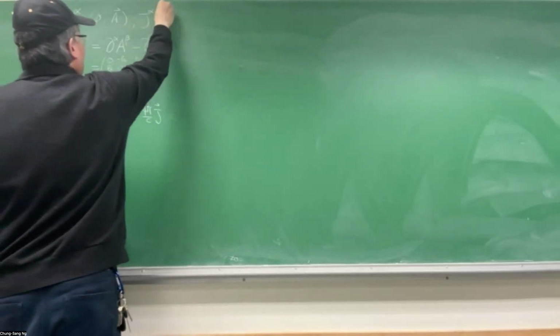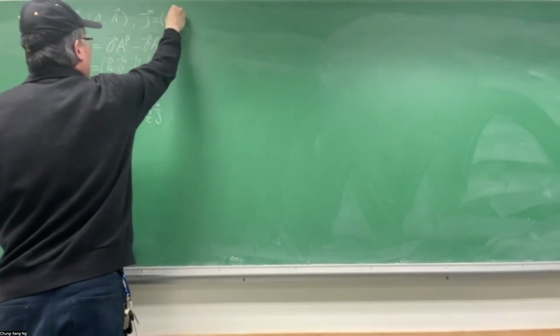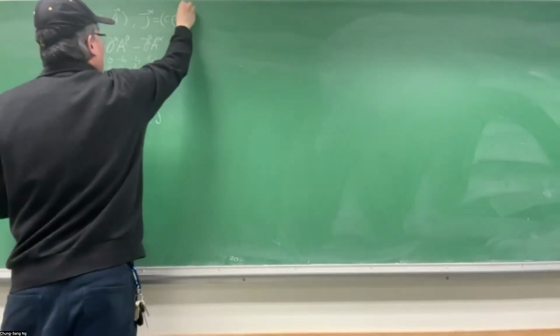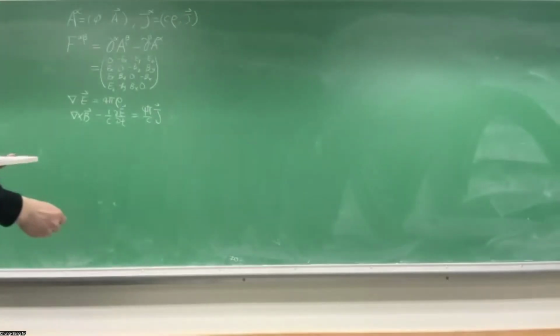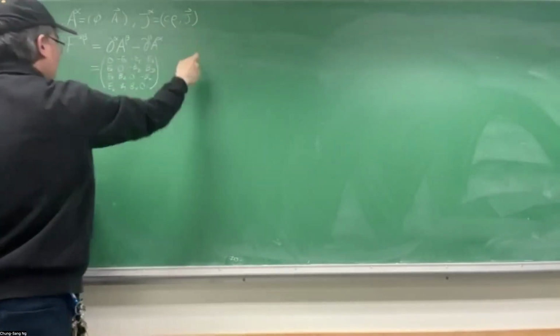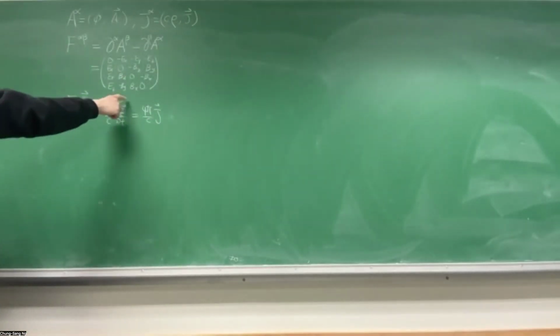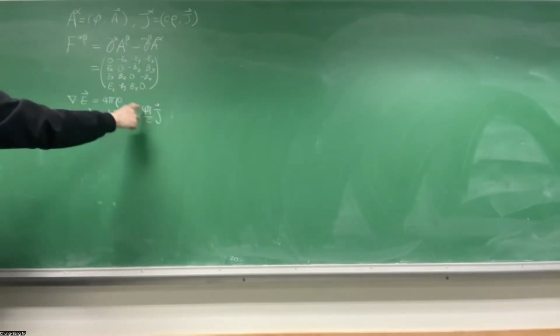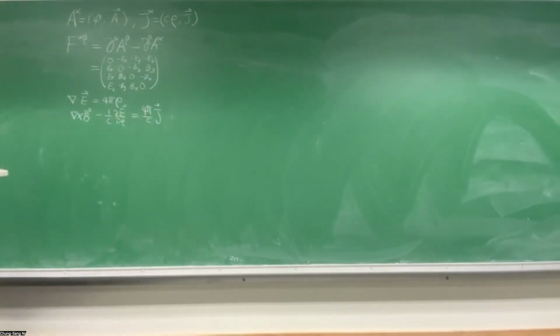J is the c times charge density and current density. This is also a four vector, so you can say that if you divide it by c and multiply by c, the right-hand side is the same. The elements of this four vector, the charge and current density four vector.